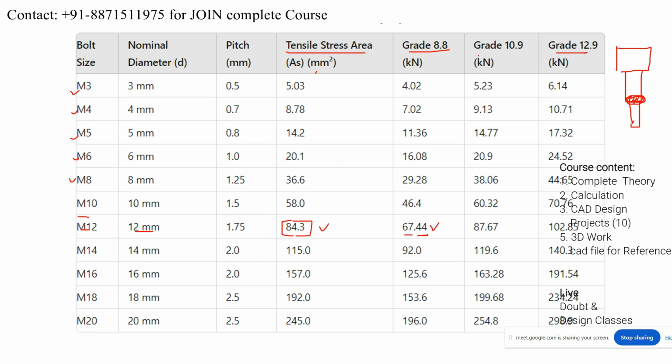And for 10.9 it is about 87.67 per bolt. You can apply this load if you have a 10.9 grade M12 bolt. This is the maximum allowable load. Here you can see 102.85, which is the allowable load on a 12.9 grade M12 bolt.